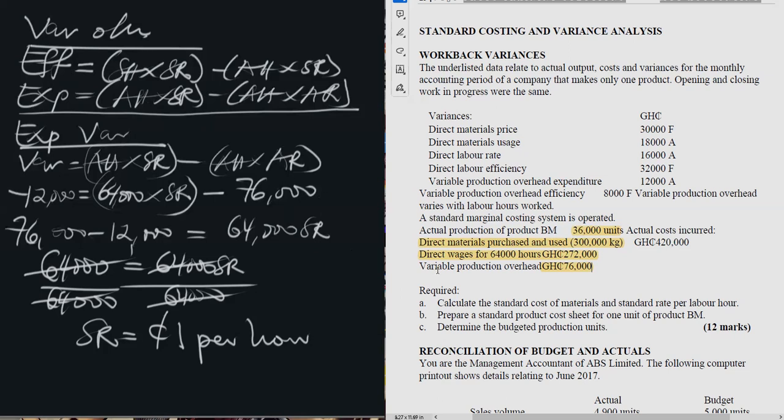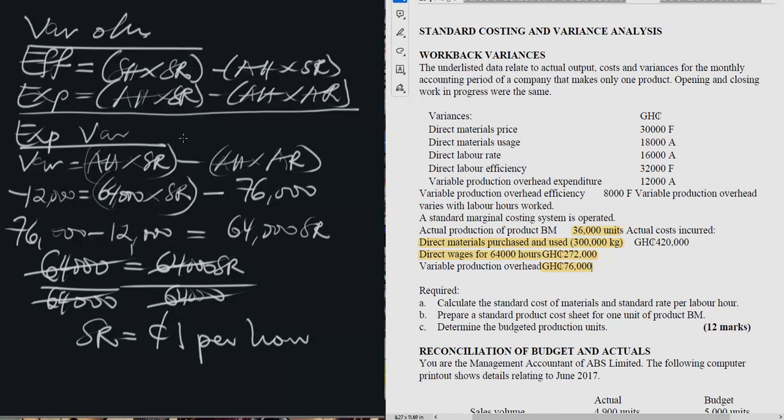Now that we've got this, they said we should calculate the standard rate of materials and labor. Then we should prepare a standard cost sheet for 1 unit of product BM. So this is what we are going to do. And it says we should determine the budgeted production unit. So how do you get your budgeted production unit? Under what case is the budgeted production unit used? You can use the data that has been given to get your budgeted production unit.